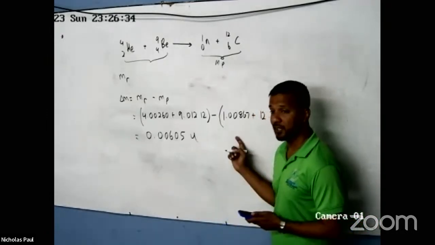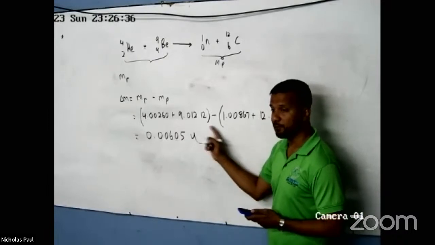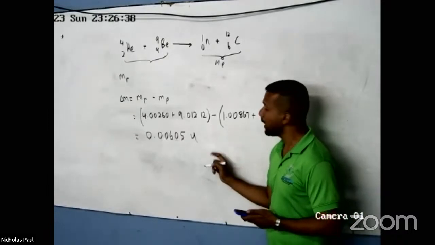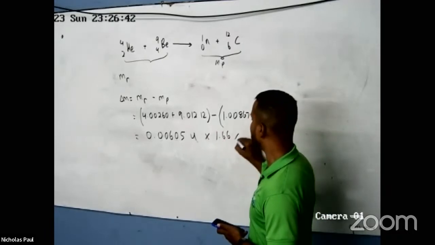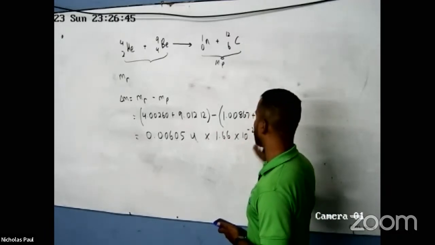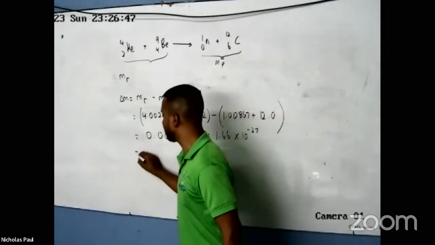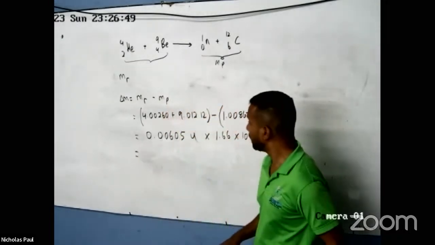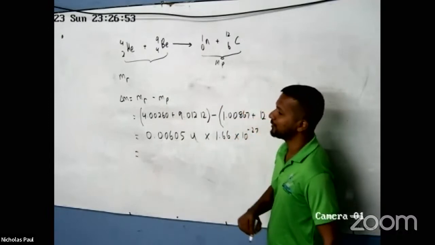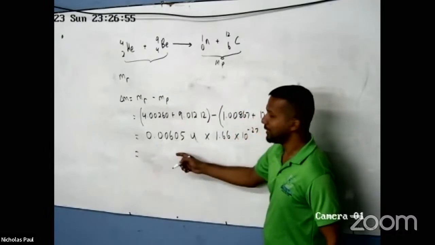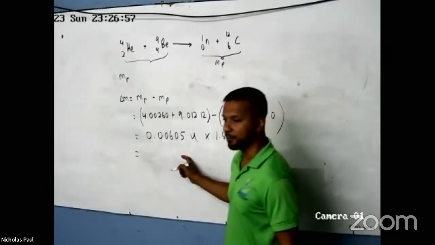Are you okay with this? First step, reactants, products, subtract. Then you want to convert to kilograms, so you multiply by 1.66 times 10 to the minus 27. You can convert each one to kg, but that will take a little while.